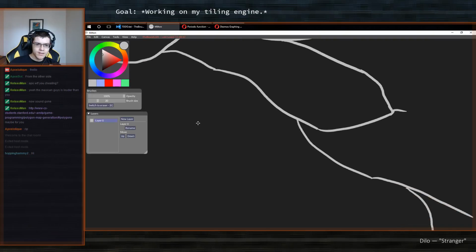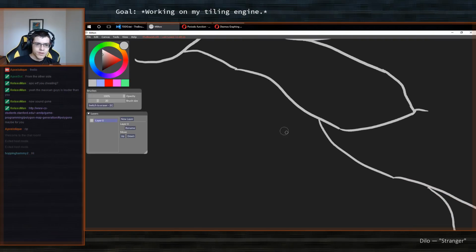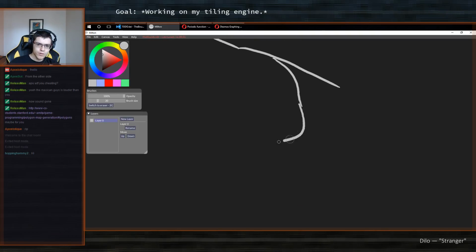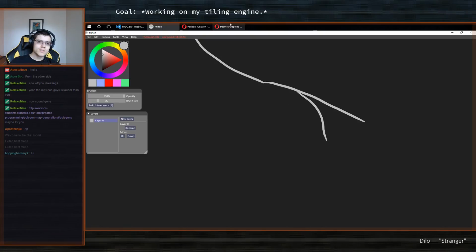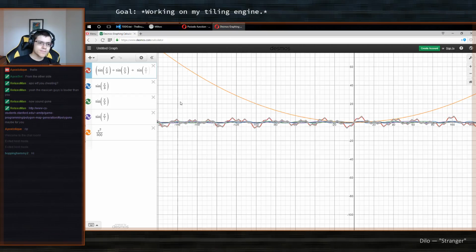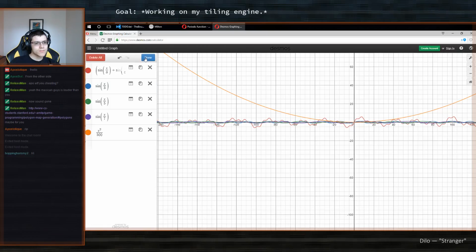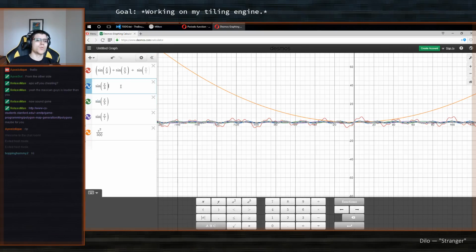Obviously I could let it happen only in that direction. So for example, a river could not go backwards. I really want to have a function that's instead on the y-axis.